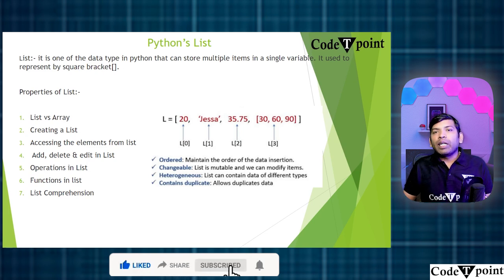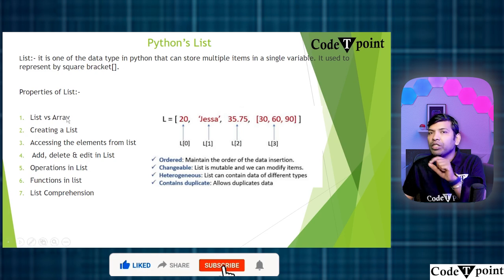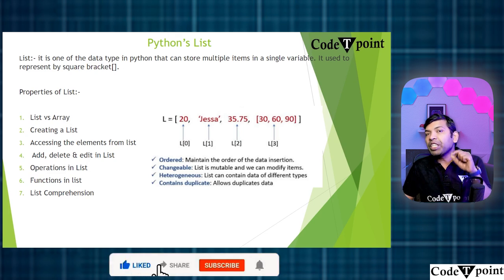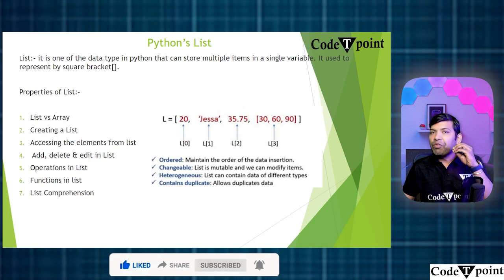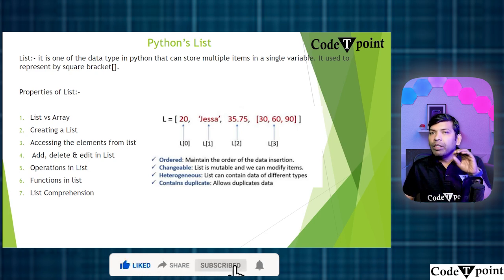Since all the elements are homogeneous and stored in sequential order in memory, retrieving the elements from the array is faster. So data accessing is much faster in array compared to list. These are the three important differences between array and list.